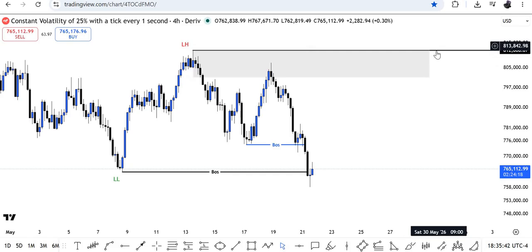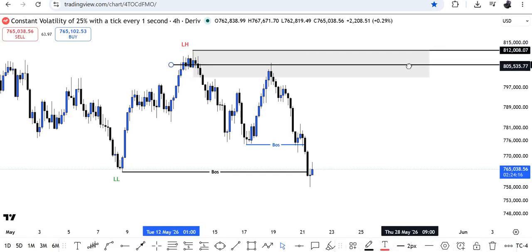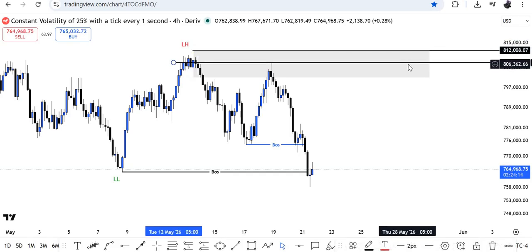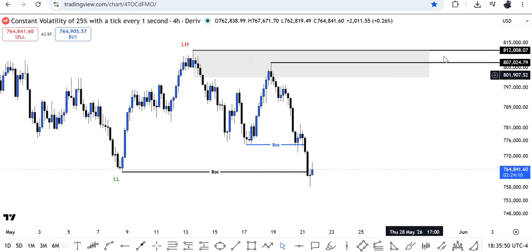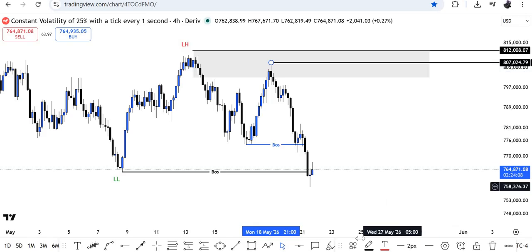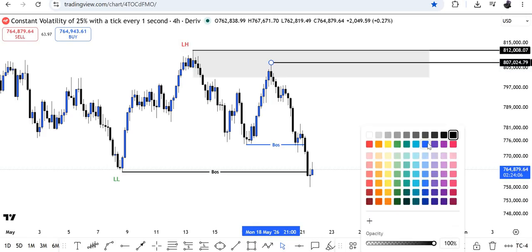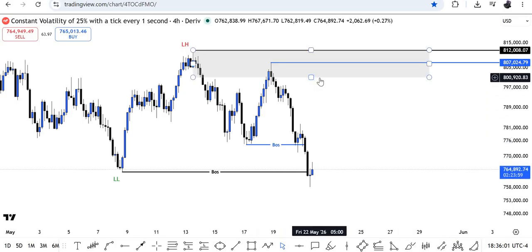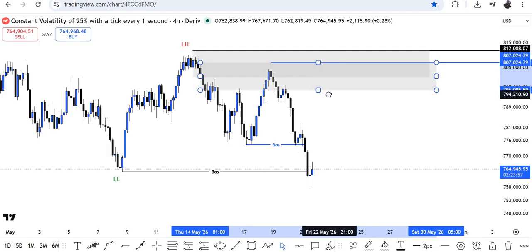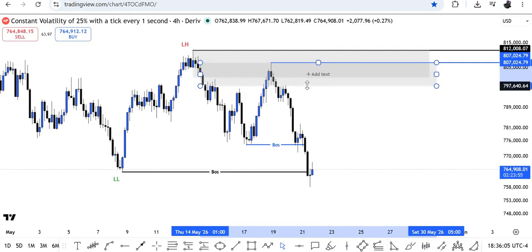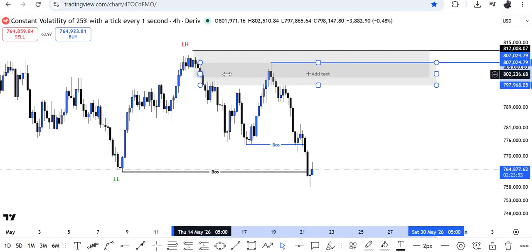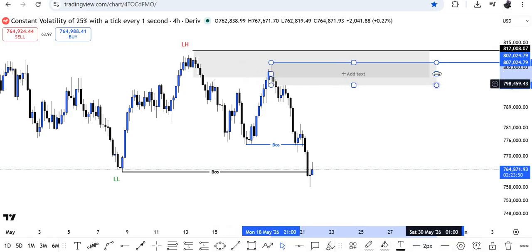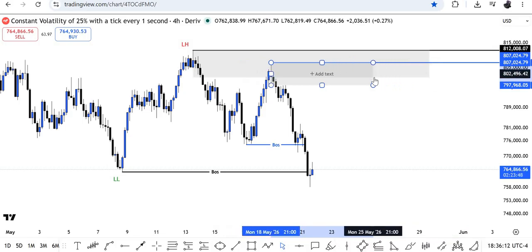I also identify the highest point on the H4. This is what I use to keep track, to know when the different time frames either switch trend or have completed their pullback or retracement. What's nice about this, guys, is that the H4 supply zone is embedded within the daily supply zone.